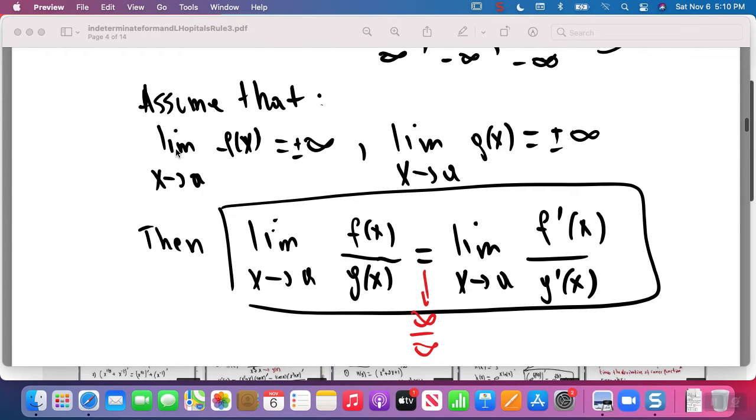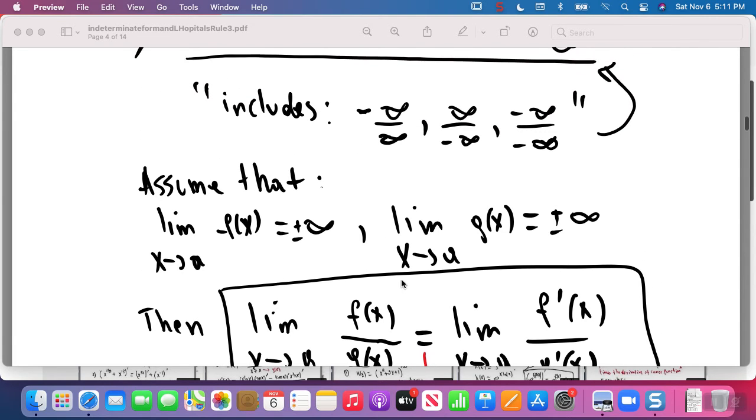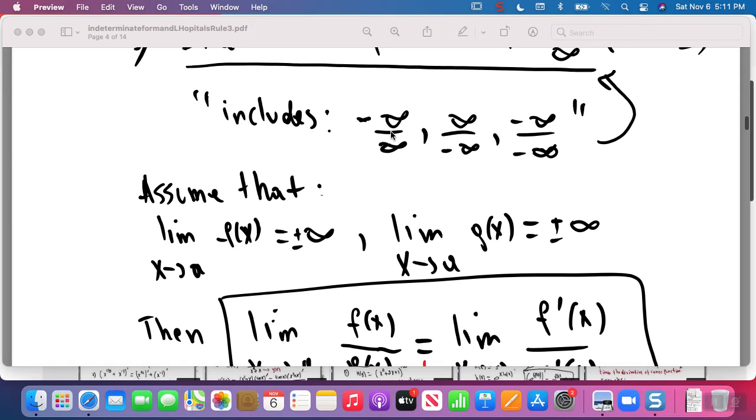For example, when you take the limit as x approaches a of the function f of x, you get either plus infinity or minus infinity. You take the limit as x approaches a of g of x, you get plus or minus infinity. So when you take the limit as x approaches a of the quotient of f of x divided by g of x, you're going to get plus or minus infinity. Okay, so you get this possible version.